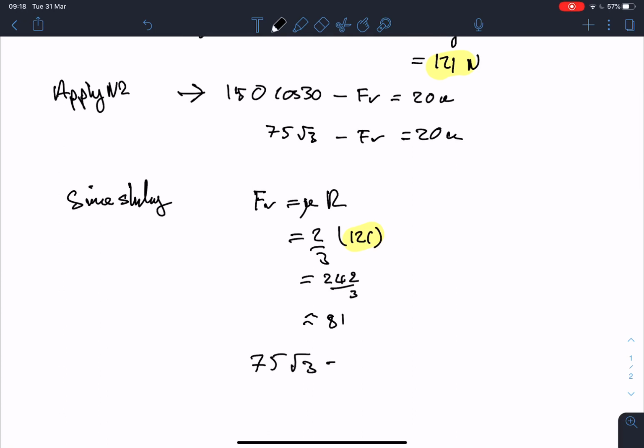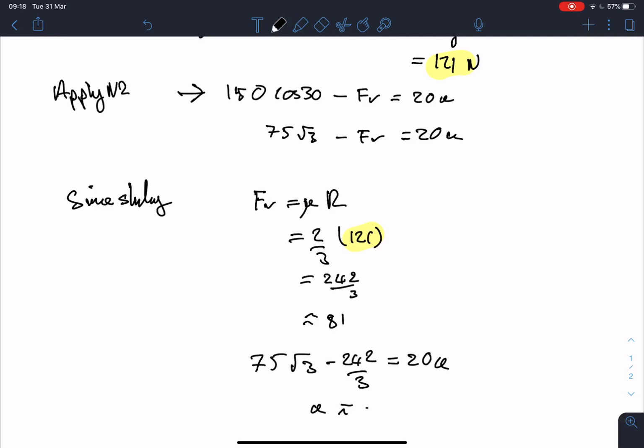So we get 242 over 3, which is roughly 81. So we get 75 root 3 minus the 242 over 3 equals 20a.